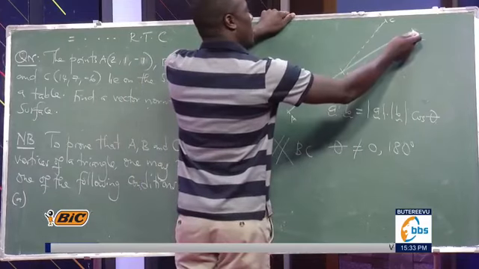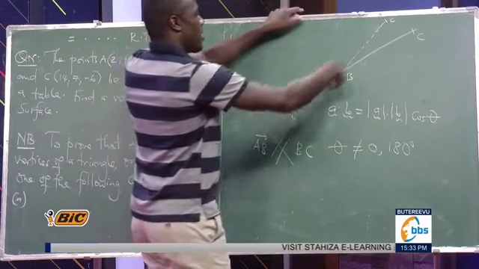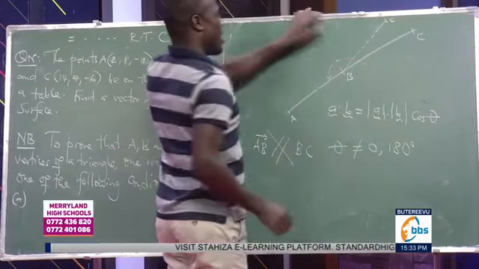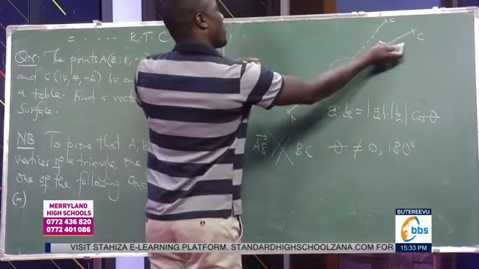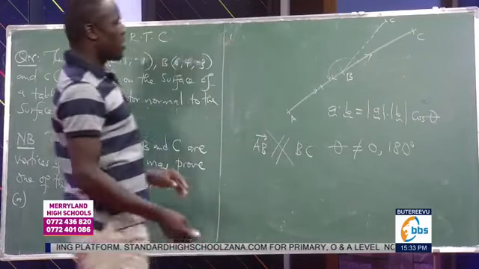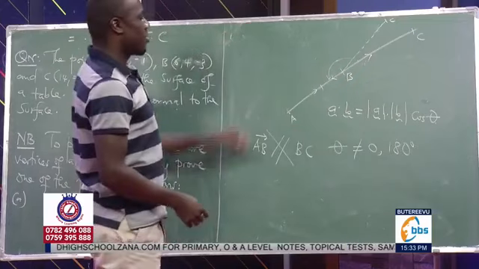Of course, it is 180 degrees if C is in the middle here, that's when we have that direction. But if it is along AB, it's 0. So we shouldn't have those cases.